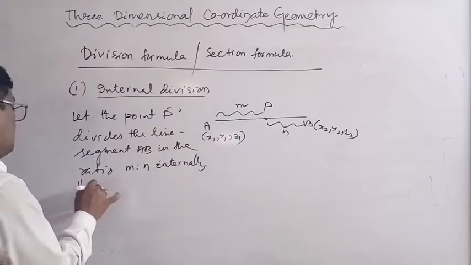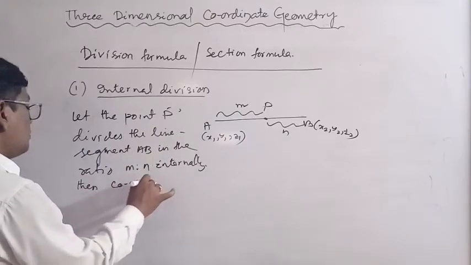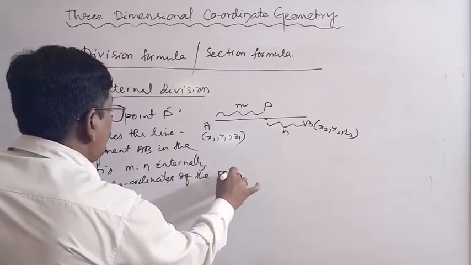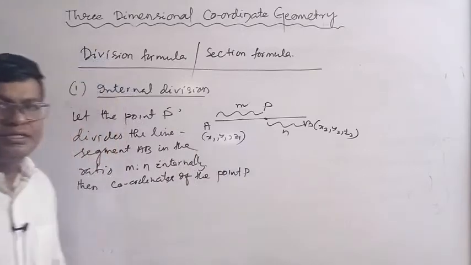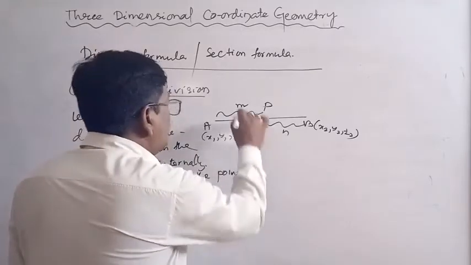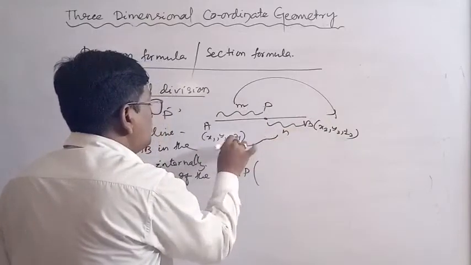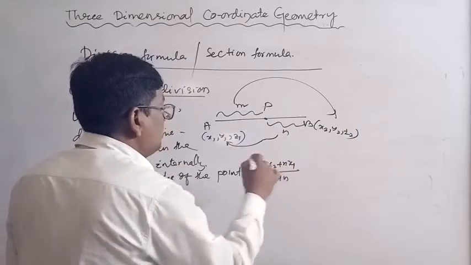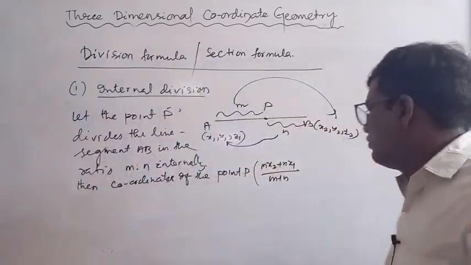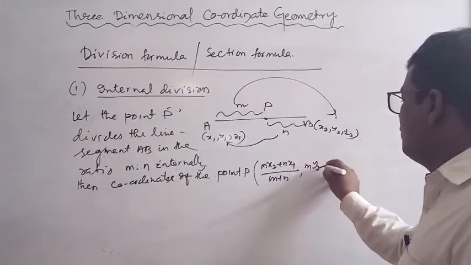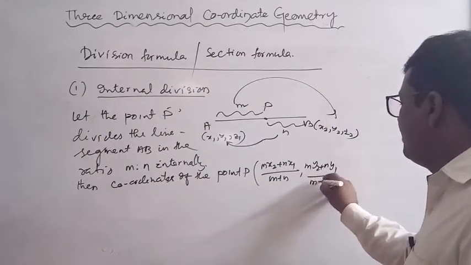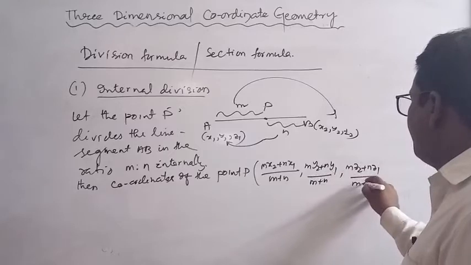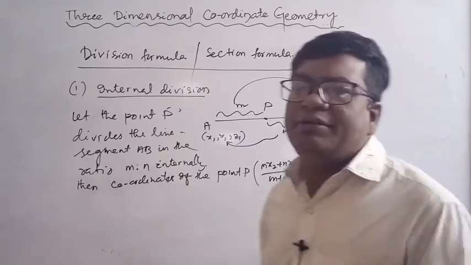Then the coordinates of the point P are given by: this is multiplied by this, and this is multiplied by this, (mx2 + nx1) divided by (m + n). Similarly, for the y coordinate, (my2 + ny1) divided by (m + n), and (mz2 + nz1) divided by (m + n). This is internal division.